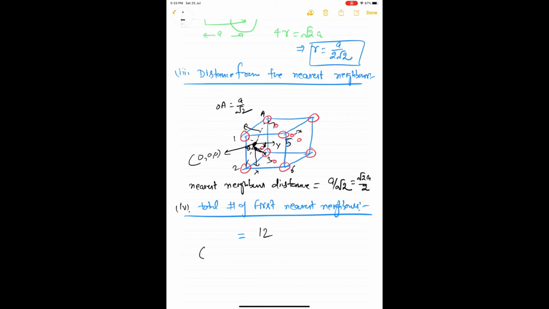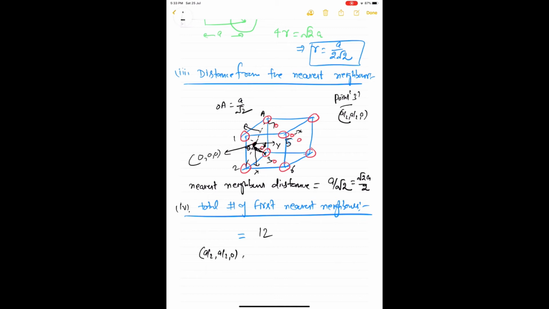Then the coordinate of this atom 3 will become a by 2, a by 2, 0. And if this is the coordinate of one nearest neighbor, similarly we can find out the others.